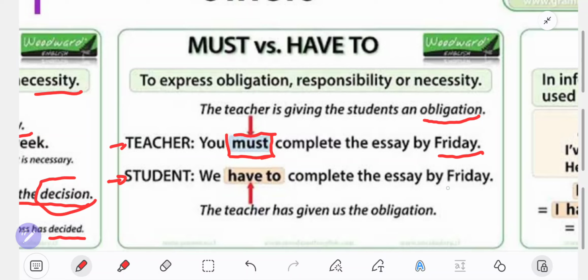But if your friend will say or remind us about this task, your friend can use this word have to. We have to complete the essay by Friday. The teacher has given us the obligation.